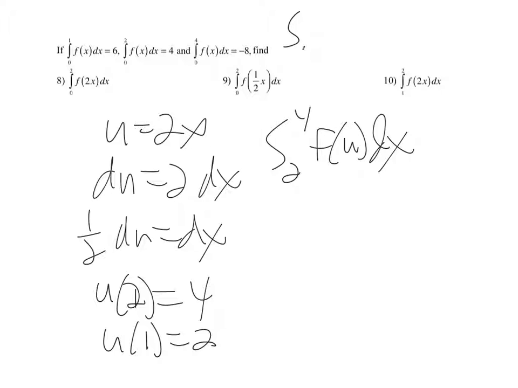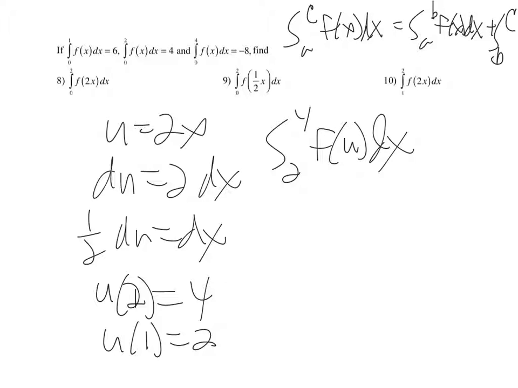I know the integral from a to c, two numbers, of f of x dx is the same as the integral from a to b of f of x dx plus the integral from b to c of f of x dx. I'm running out of room. These have to be the same. So what I'm going to do is I'm going to use these two to figure this out.